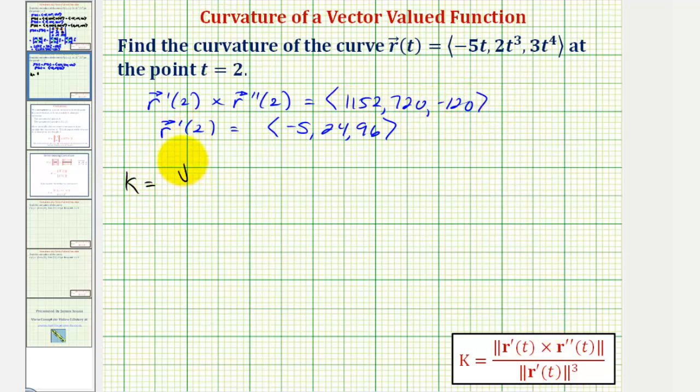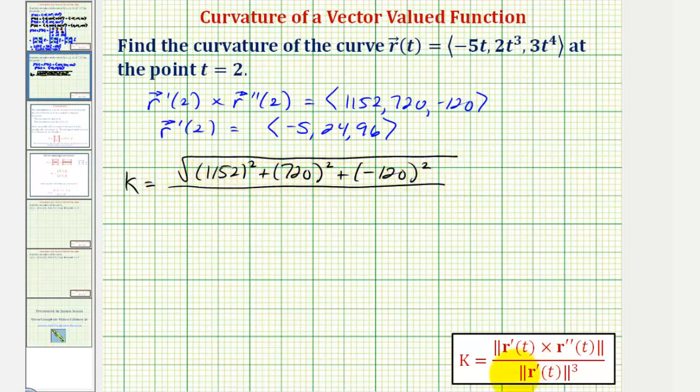So we'd have the square root of 1,152 squared plus 720 squared plus -120 squared, divided by the magnitude of r prime of 2 cubed. So we'd have this cubed, and then we have the square root of -5 squared plus 24 squared plus 96 squared.